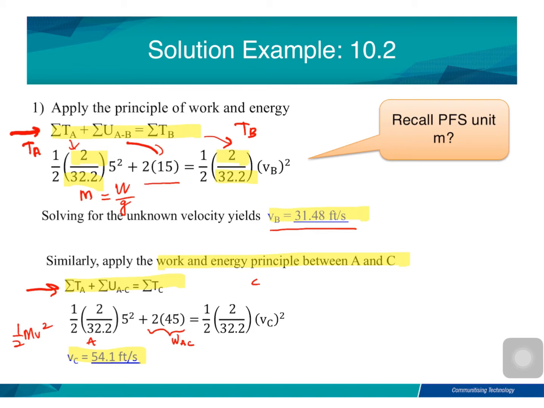And then you solve this equation. Then you can get VC equal to 54.1 feet per second.